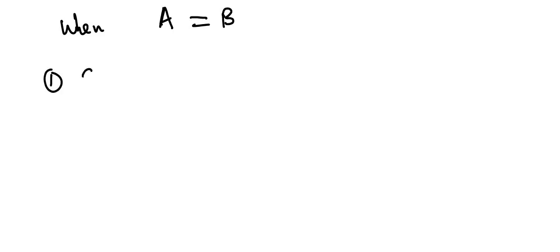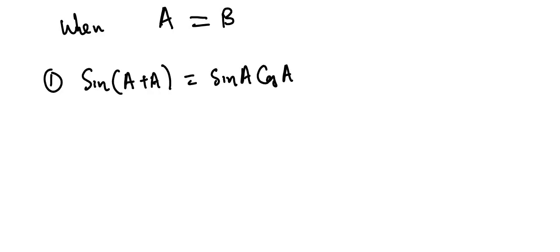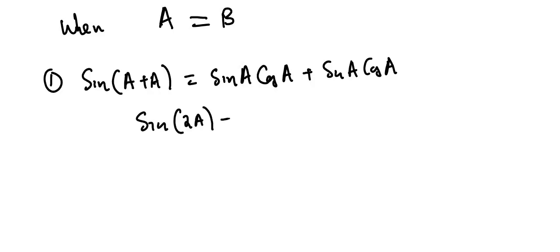What I mean is like the first one, sine of A plus B. Now, if A is equal to B, meaning we're just having A plus A in the expression, then remember it was supposed to be sine A cos B, but this is going to be sine A cos A, then plus sine A, again cos A. Wherever there is B, we've just put A. This is just going to be sine 2A is equal to, this is the same as 2 sine A cos A, because these are like terms.